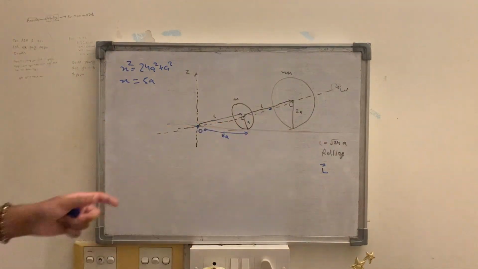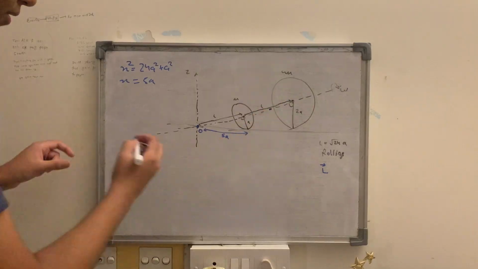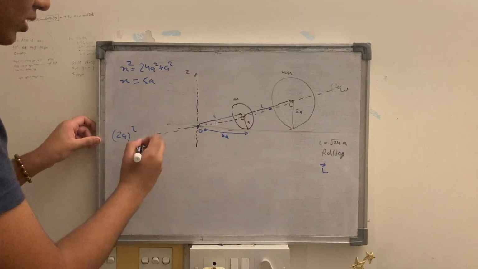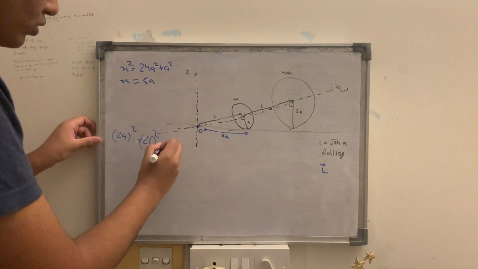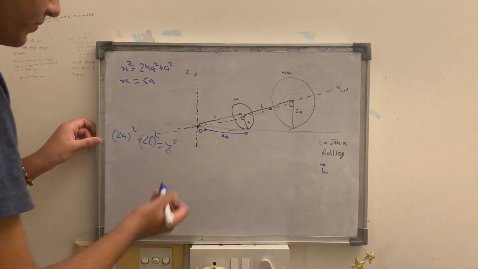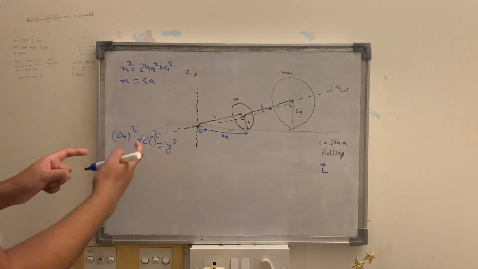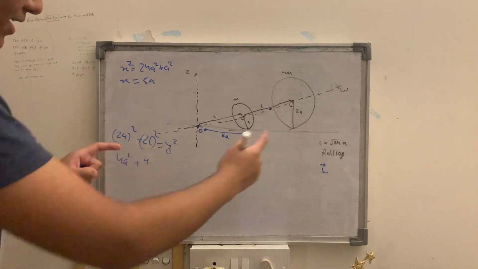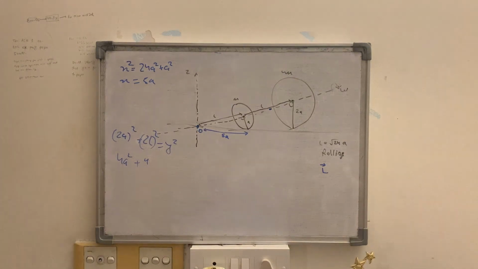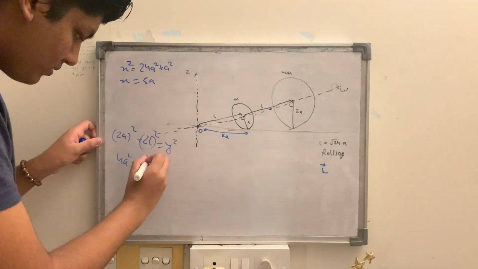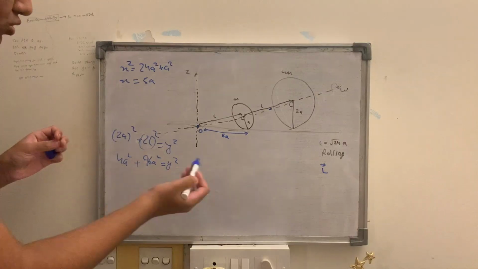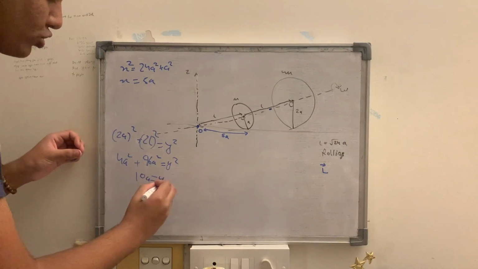Similarly, for this bigger triangle, 2a squared, that is 4a squared, plus 2L squared, that is 4 into 24a squared, 96a squared, equals y squared. So 100a squared, y equals 10a.